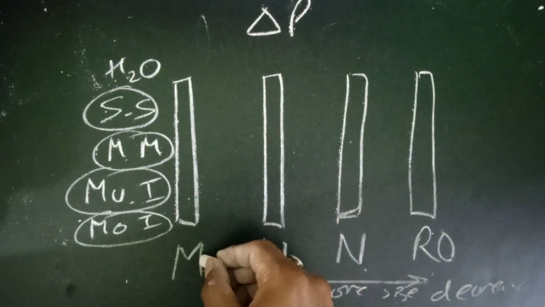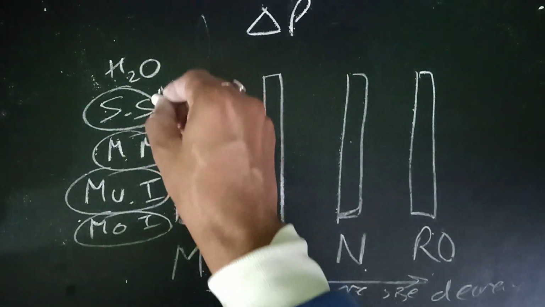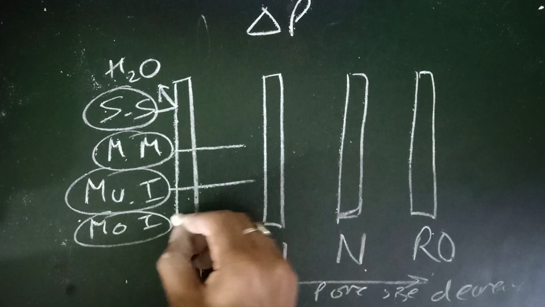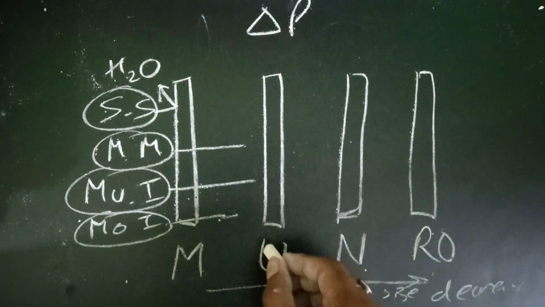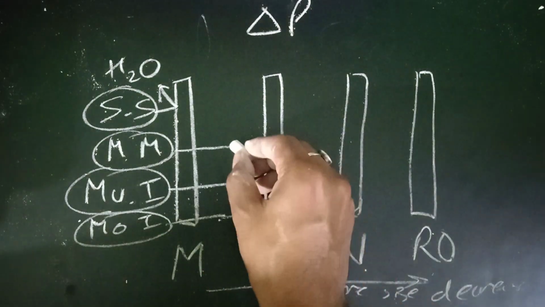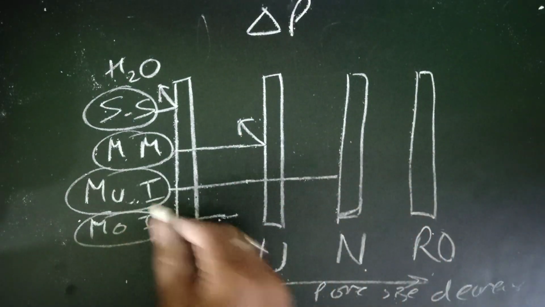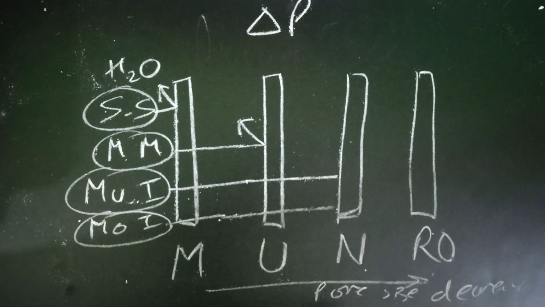From the microfiltration, suspended solids will be rejected while everything else will pass. Now for ultrafiltration, macromolecules will be rejected while monovalent and multivalent ions will pass.